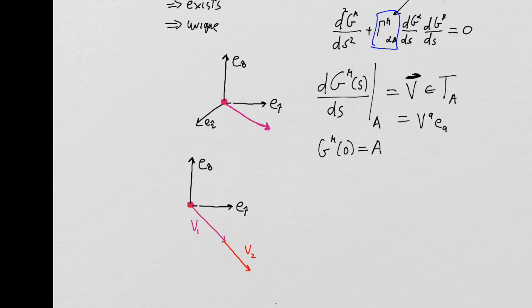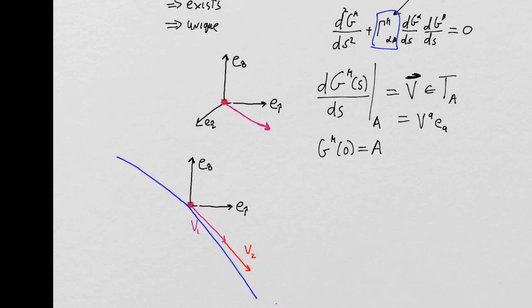Okay, so back to these 2 vectors. The problem with these 2 vectors is they're both pointing in exactly the same direction, and they will both yield a unique geodesic curve in the sense that the curve, what's going to happen is this is going to be the geodesic curve maybe by V1, right? Now V2 is actually, because it's pointing in the same direction, going to give a related curve.